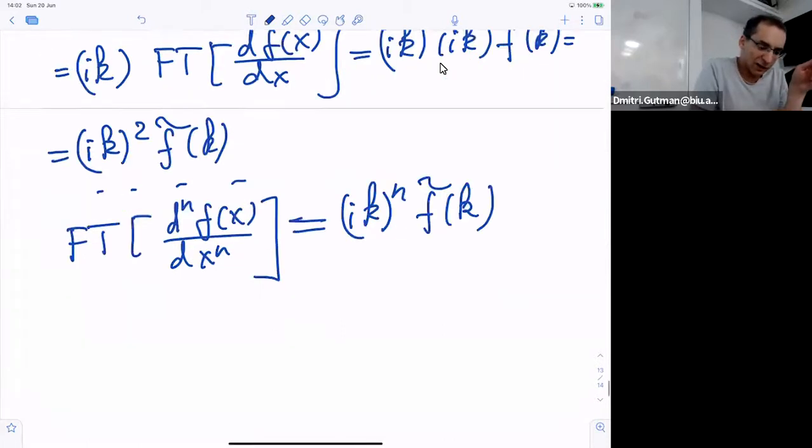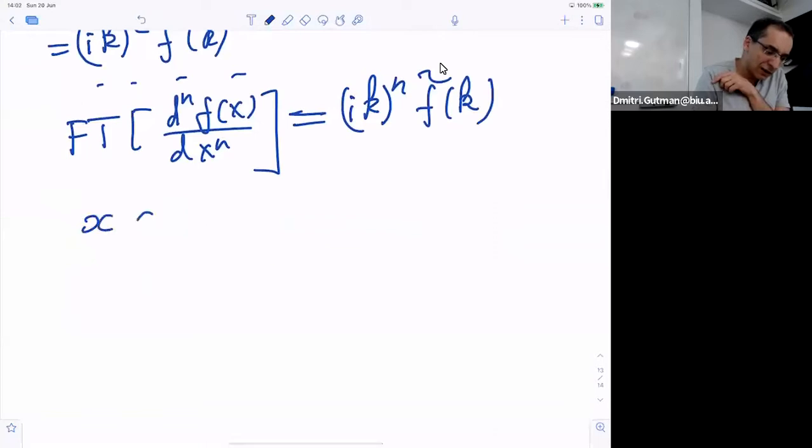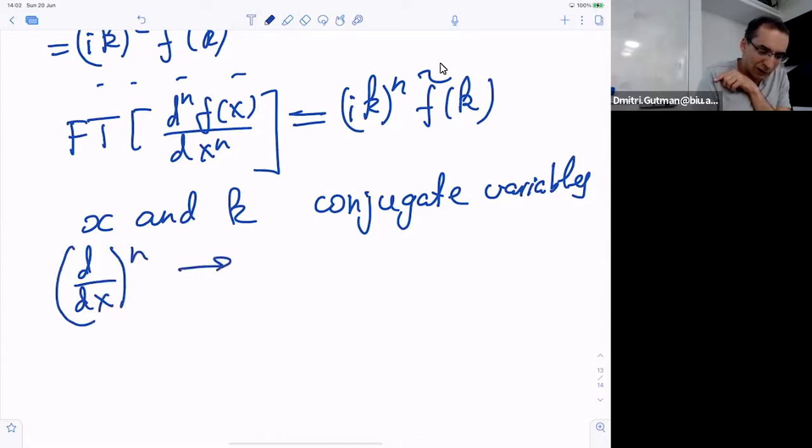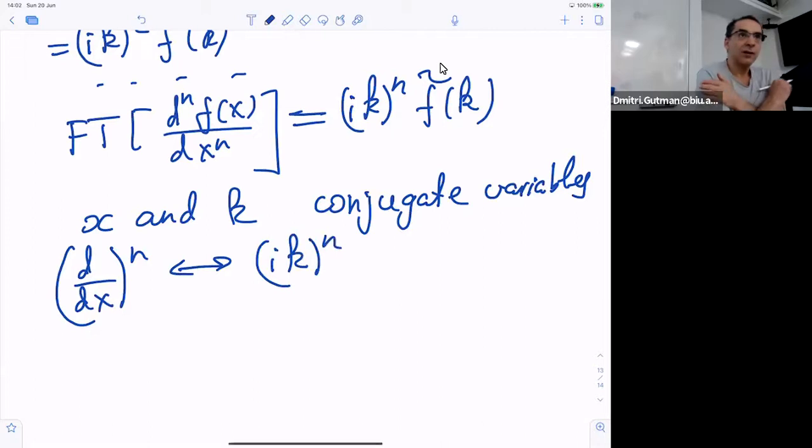Sometimes x and k are called conjugate variables. So d over dx to the power n corresponds to i times k to the order n.